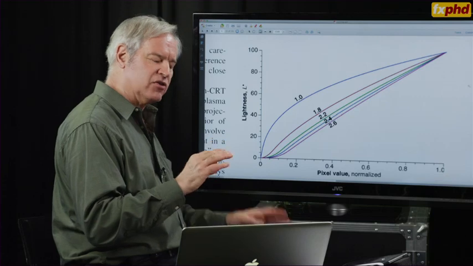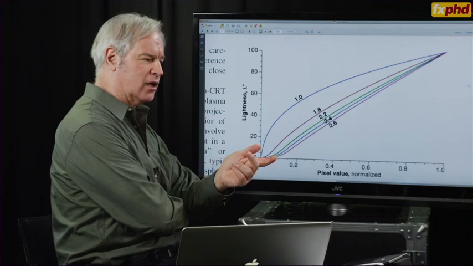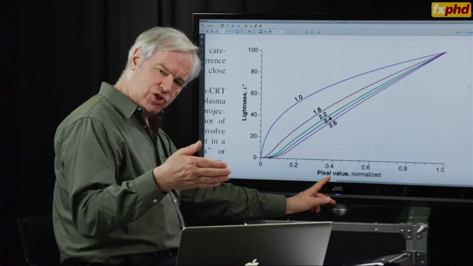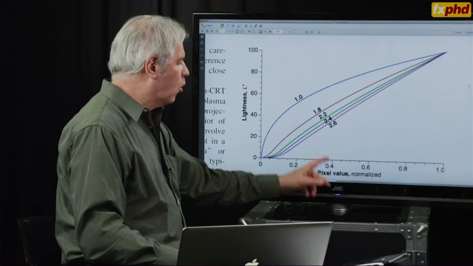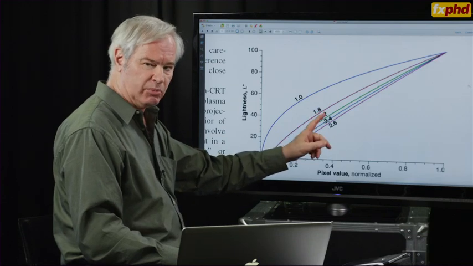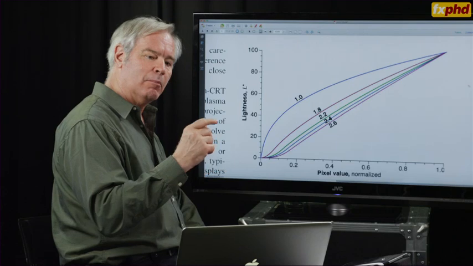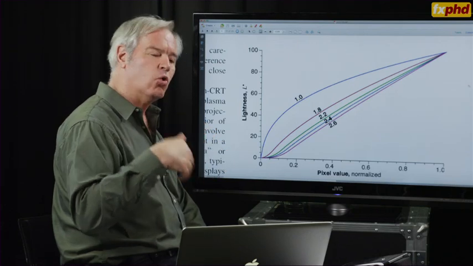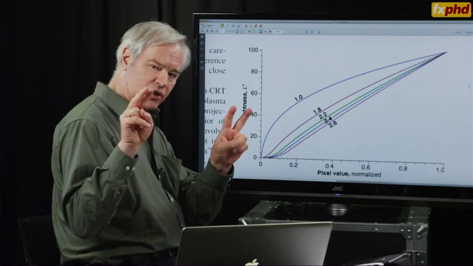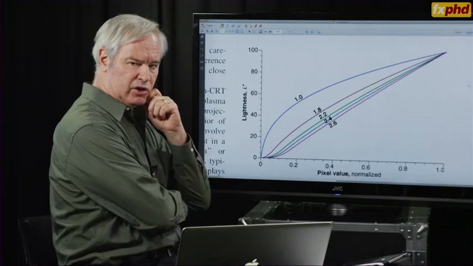So this graph has got a certain amount of mathematics underneath it, but it ends up simply portraying the pixel value scale that would be typical of HD or even desktop computing, or even digital cinema with different gamma values, 2.2, 2.4, 2.6, and relating that to the color science behind CIE L-star, which I've already hinted several times in the course, is your reference to lightness, that special word, as defined by the CIE, the governing body for color science standards.